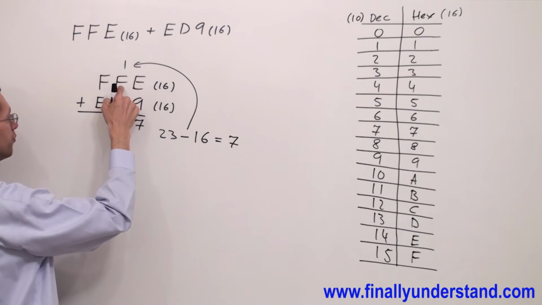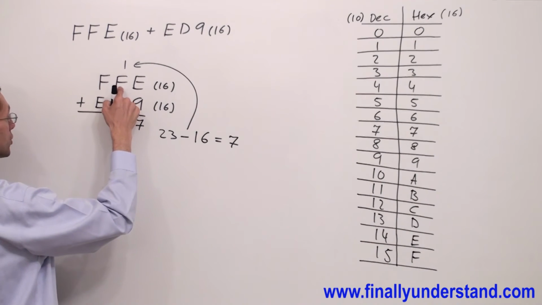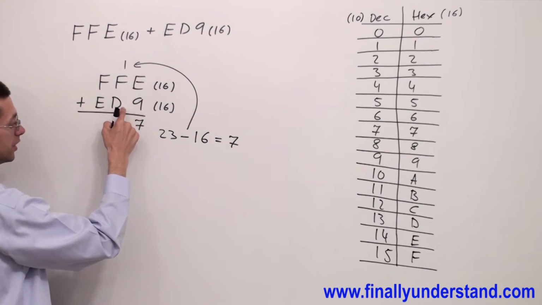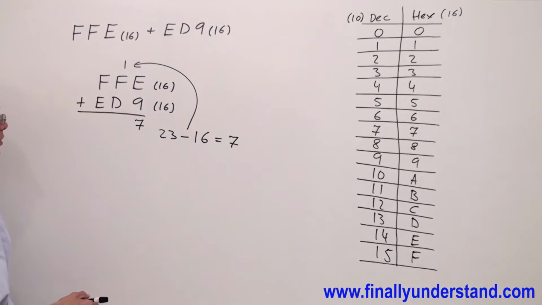1 plus 15, because F is 15, is 16. 16 plus D, which is 13, 16 plus 13 is 29.